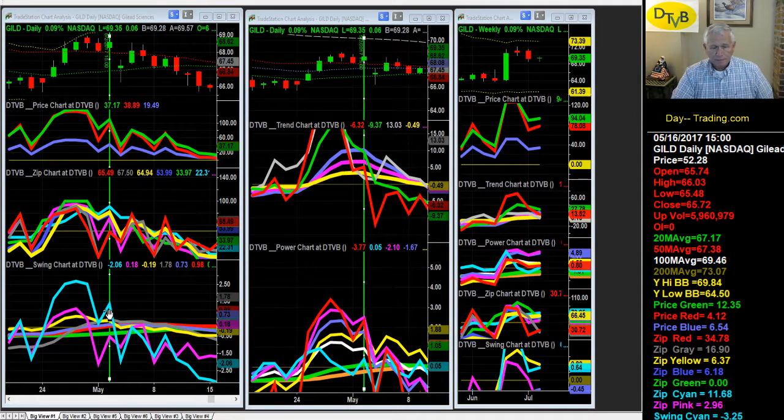The other pattern that we have is a red peak in the zip chart. Zip red is right at about 50. Zip red is 48.65, and zip yellow, of course, is up at 81, and both of them are going up. That again is a classic, by definition, red peak, and it is a reversal pattern.